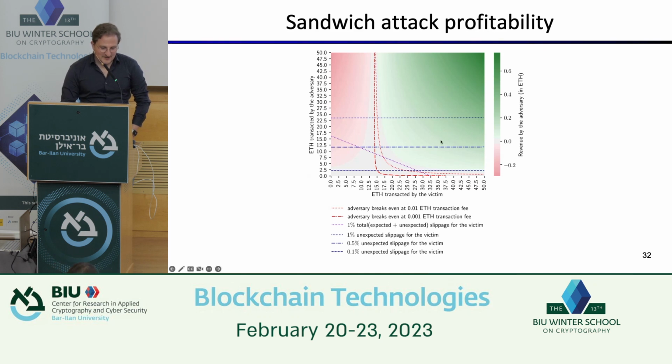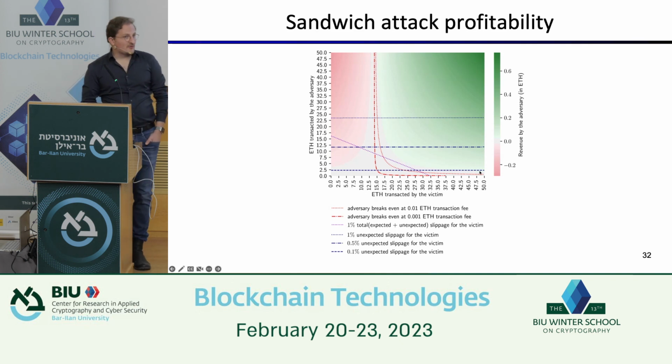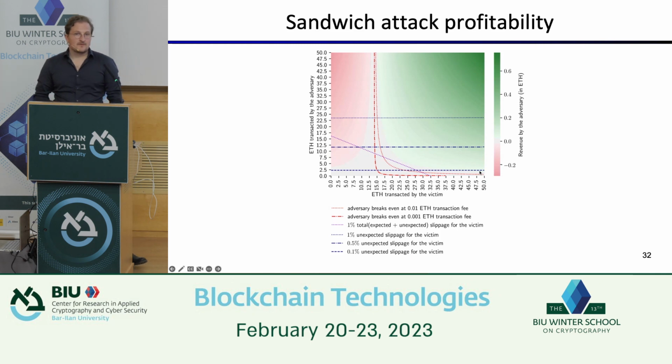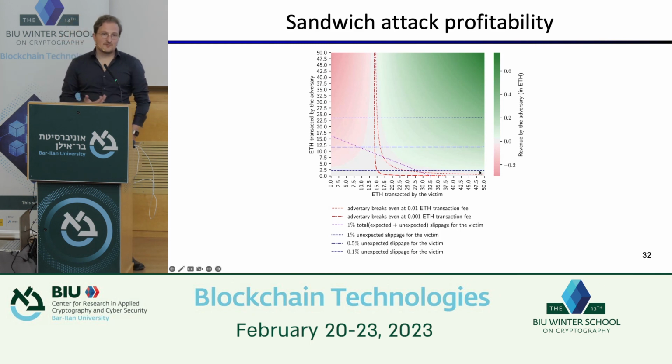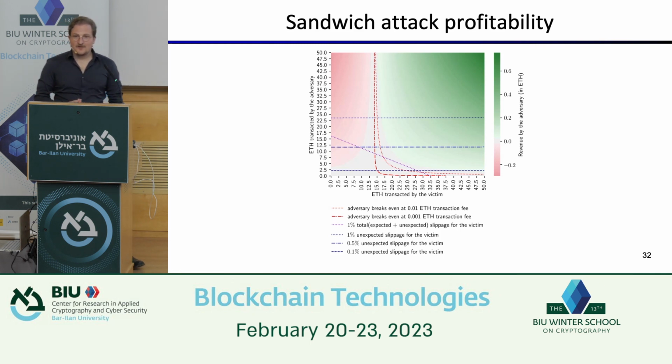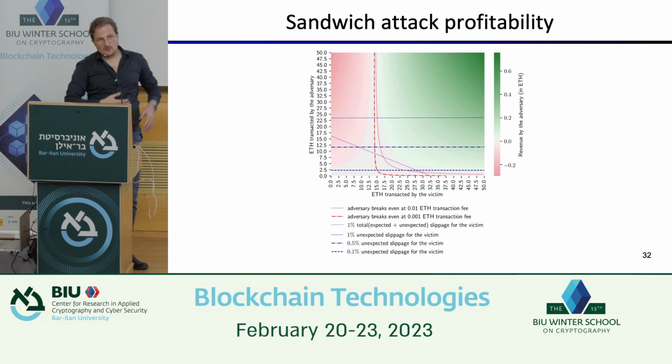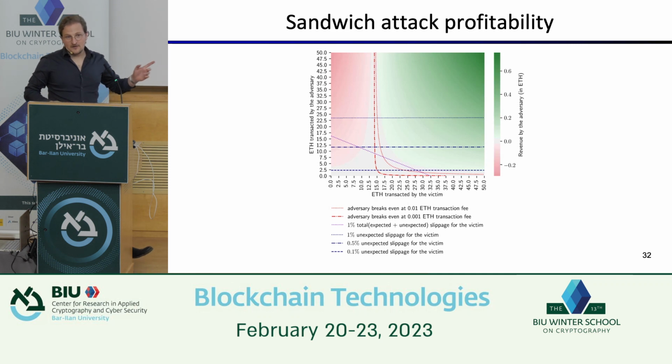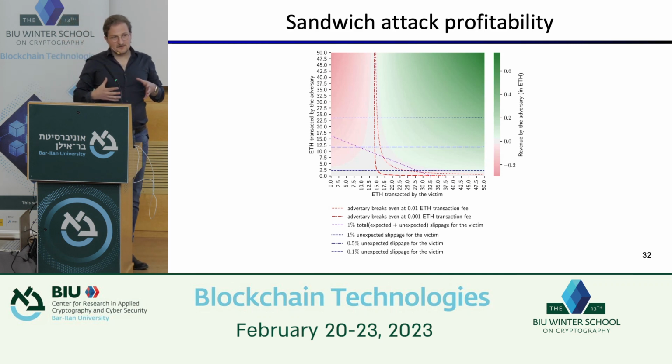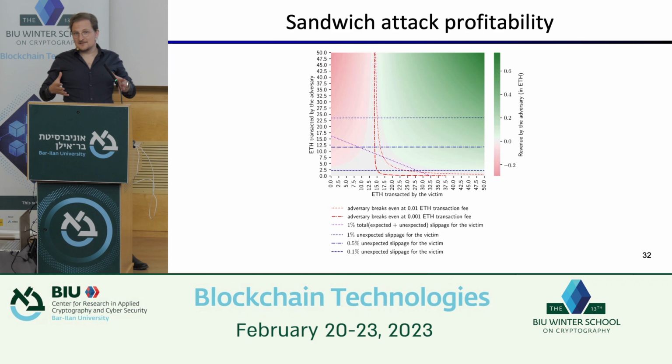And here what you can see is the lower you set the slippage, the less likely a swap will be profitable. So the less room there is for a sandwich attacker to attack. And to be honest, I would love for exchanges to implement a warning: your transaction will yield X USD to an optimal sandwich attacker.